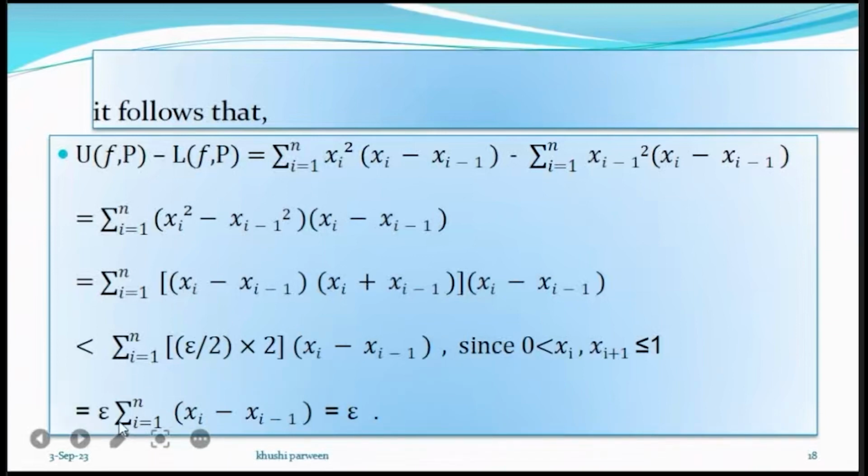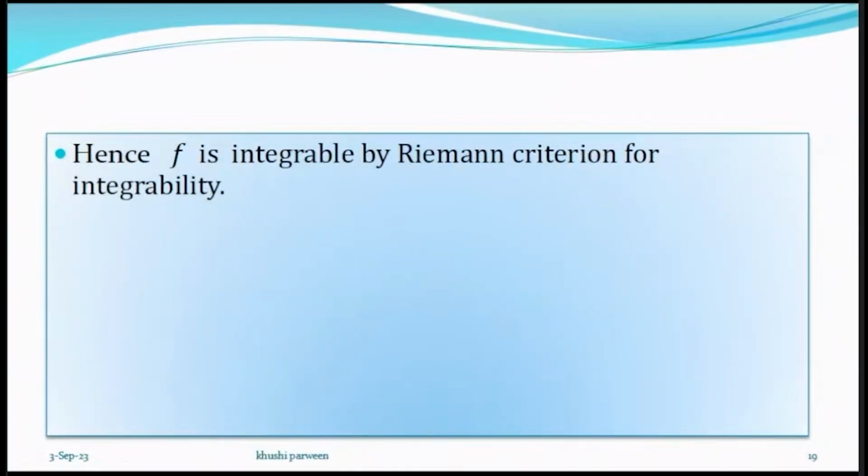Since summation i equal to 1 to n of (x_i minus x_(i-1)) is equal to 1, which is the length of the interval [0, 1], this is equal to epsilon. Hence, by the Riemann criterion for integrability, f is integrable.